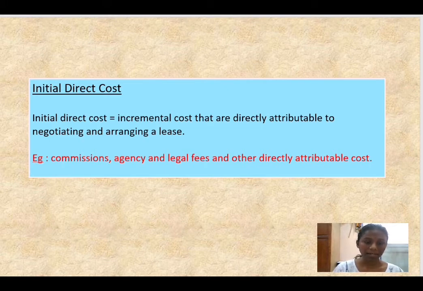Examples of initial direct costs are commissions, agency and legal fees, and other directly attributable costs incurred by the lessor in negotiating and arranging a lease. So MFRS 117 requires that for finance leases other than those involving manufacturer or dealer lessors, the initial direct cost shall be included in the initial measurement of the lease receivable.